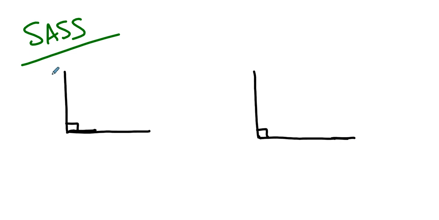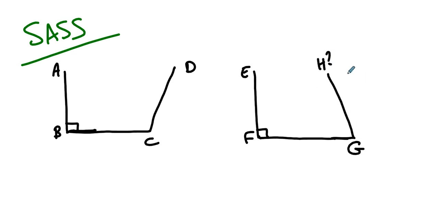So now we've got ABC, we've got EFG. And then we've got to have this other side that's congruent. So when we draw this like so, we've got to draw GH to be the same length. And the only problem with that is, is this GH, or is this GH, or is this GH?